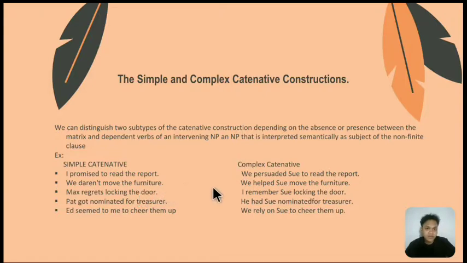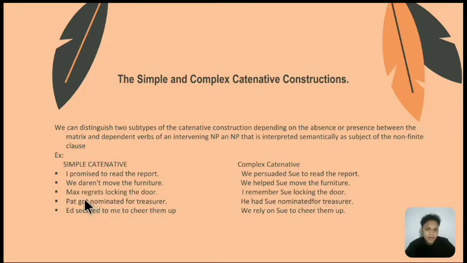Well, what is an intervening NP? Okay, let's see this example. I remember Sue locking the door. Sue in here is the intervening NP, an NP that is interpreted semantically as the subject of the non-finite clause. Where is the non-finite clause? The non-finite clause is locking the door.